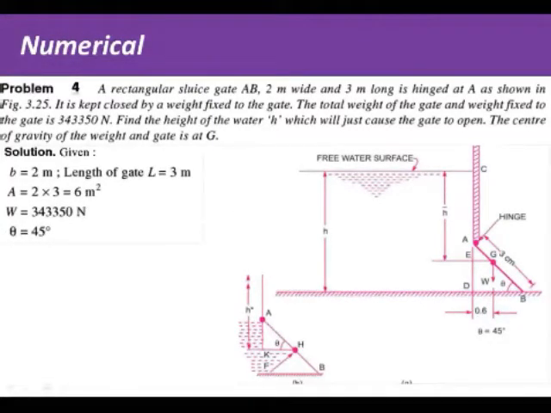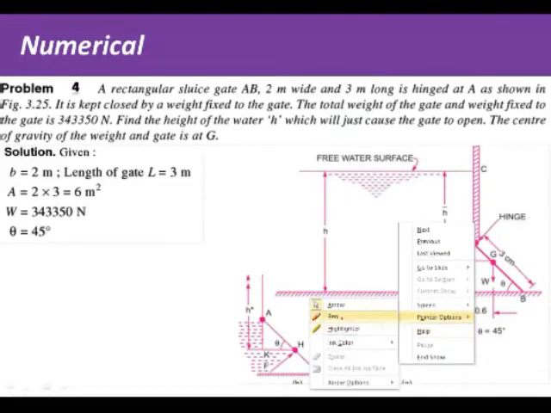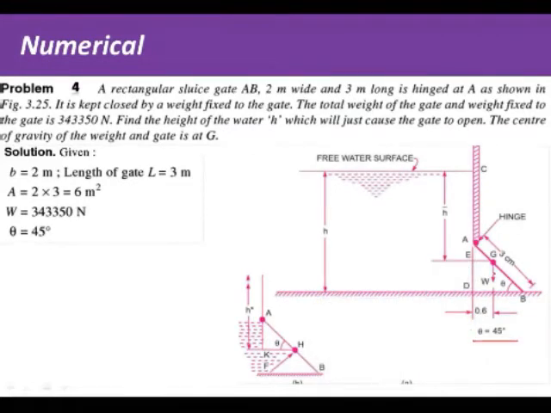The theta is 45 degree. They have also mentioned the horizontal distance of A from G, which is 0.6 meter. That means the location of G from A in the horizontal direction is 0.6 meter, already mentioned in the problem.